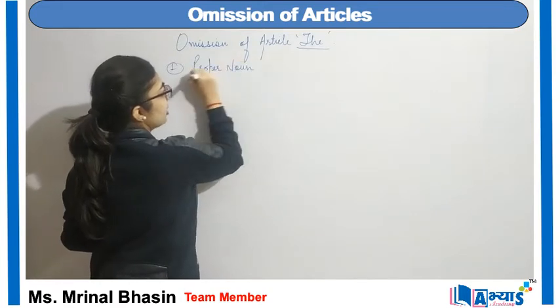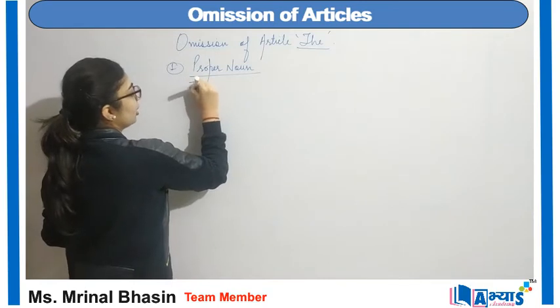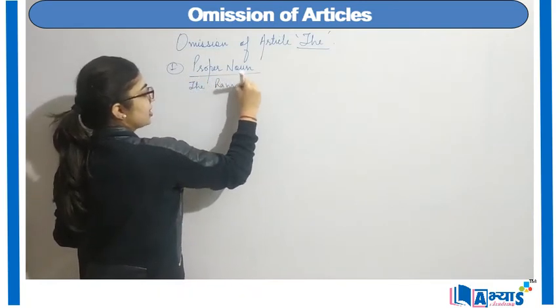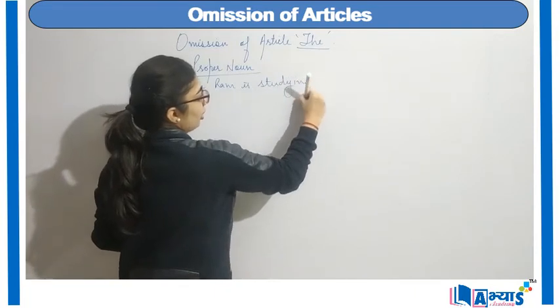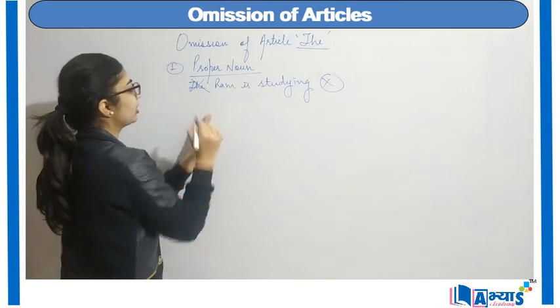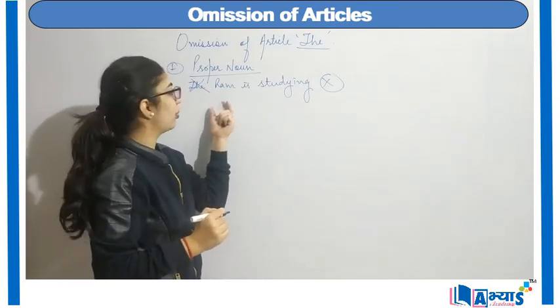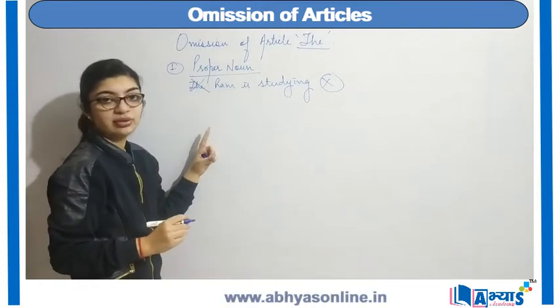While mentioning proper nouns, again I use the same example, "the Ram is studying," which is again wrong. Why? Because with a proper noun, or with the proper name of a person, I cannot say the, right?